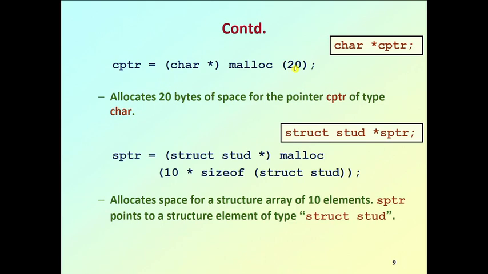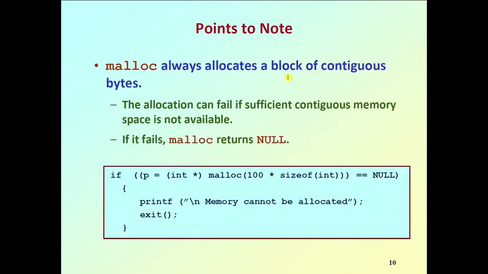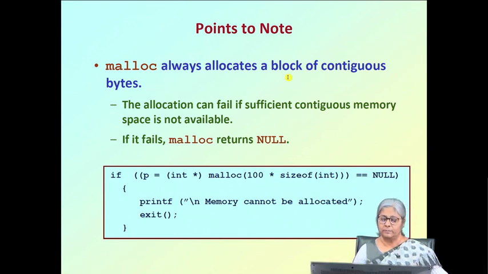If it happens that 10 bytes are available here, 12 bytes here, and another 5 bytes here, together they can be more than 20 bytes, but if no single block gives us 20 bytes, then it will be a failure, because malloc allocates contiguous memory, in one block together.